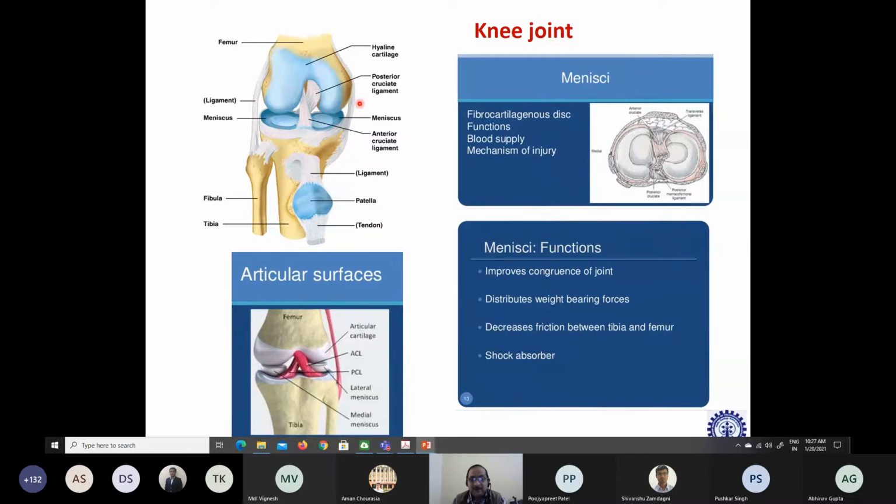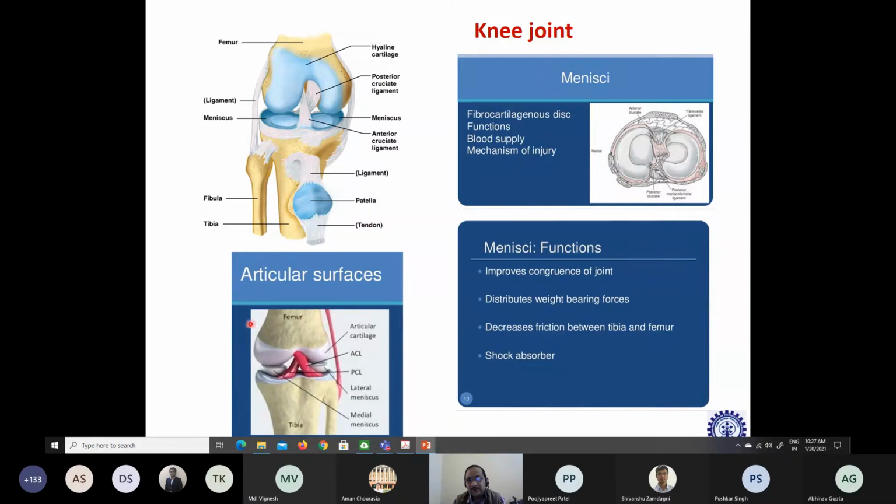And you have the two very important crisscrossing ligaments, the posterior cruciate ligament and the anterior cruciate ligament. This is marked very clearly in red color in this lower picture. So you have ACL and PCL crisscrossing the knee joint.